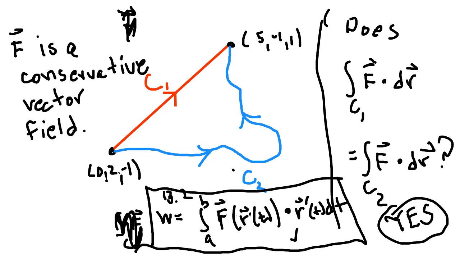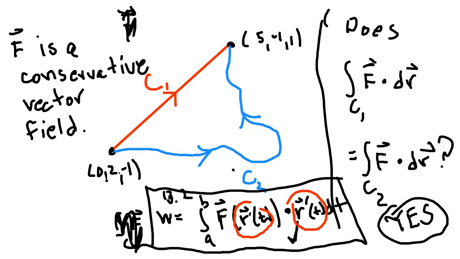But again, when you have a conservative vector field, you can use the fundamental theorem of line integrals. But when you don't have a conservative vector field, you have to use this formula. And you notice in the formula, what do you have in there? You have the path r of t. And r prime of t is dependent on r of t, the path. So that definition of work depends on the path, you see.